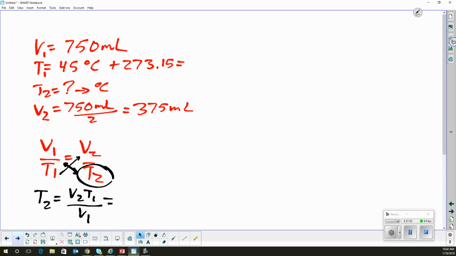Okay? You can do it step by step if you need to. You need to get T2 on the top and by itself. So plugging in, you go 375 milliliters times T1.